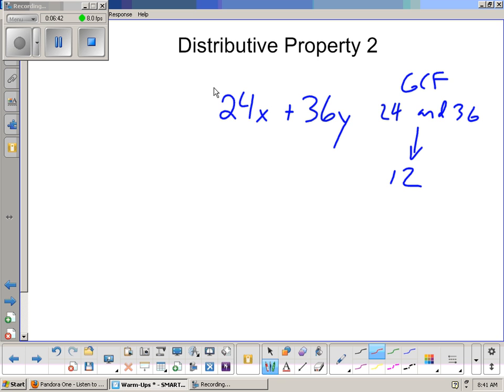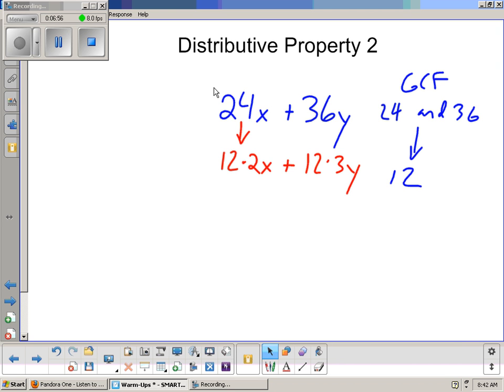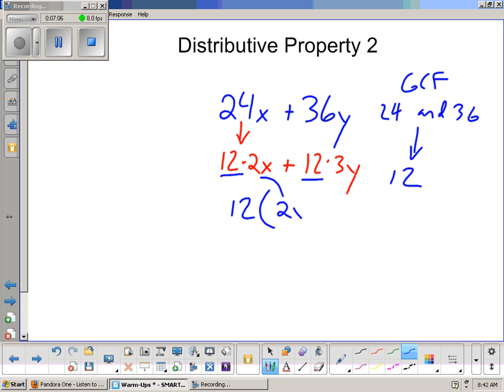If we know the GCF is 12, I can rewrite 24x as 12 times 2x, because 12 times 2x is 24x, and 12 times 3y, right? So if I'm going to multiply 12 times 2x and 12 times 3y, now I have this common factor of 12 that I can draw out, and I can bring in my 2x, and I can bring in my 3y.